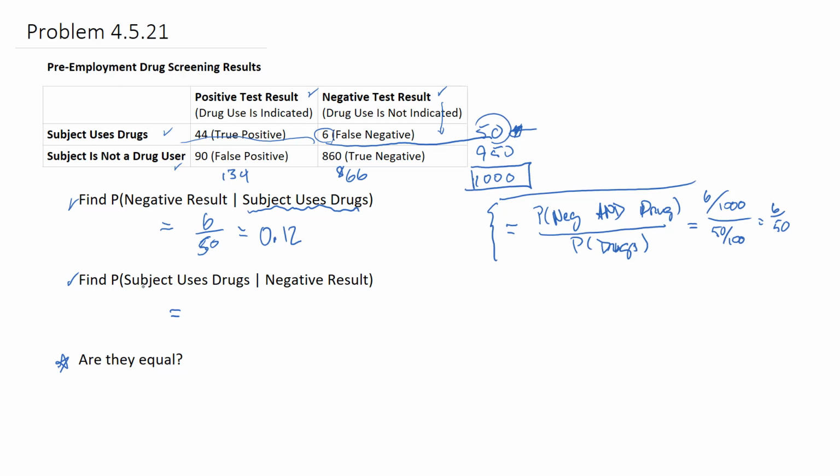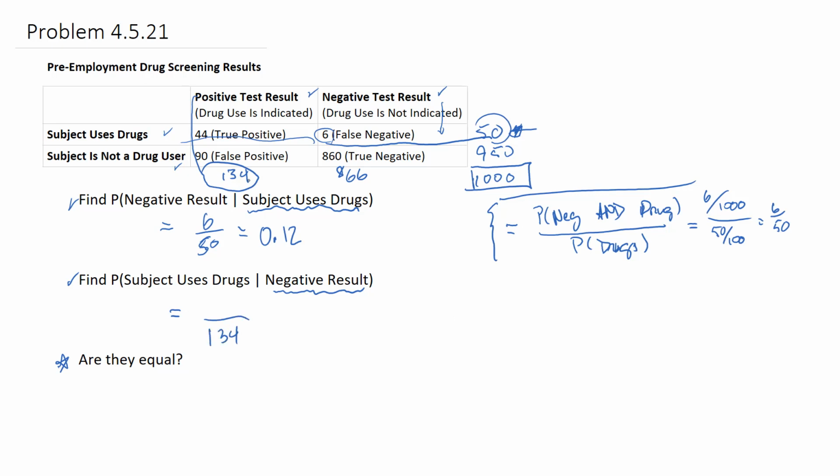Find the probability that we select somebody who uses drugs, given that they had a negative result. So if we use this first format of finding it, we want the number of people who got negative results. That's going to be our grand total pool, and so that pool is 134.